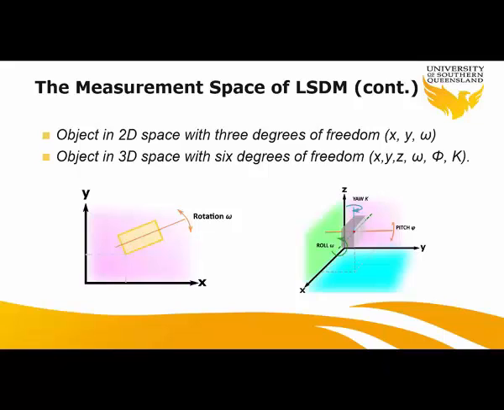Another thing we have to remember in measurement space of the LSDM is rotation. In two-dimensional space, rotation of a two-dimensional object can be shown by only one element. But in 3D space, like what you've learned in photogrammetry, we always have pitch, roll, and yaw, which is the rotation around the 3 axes x, y, z.